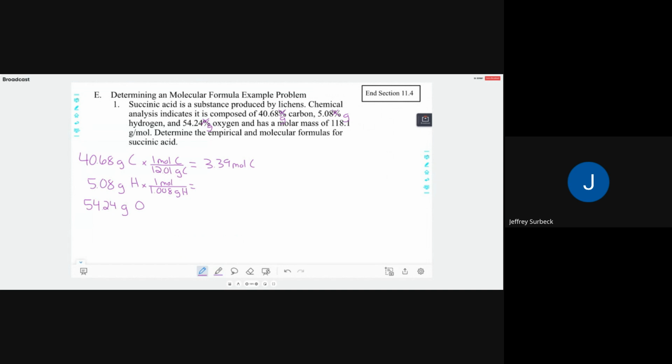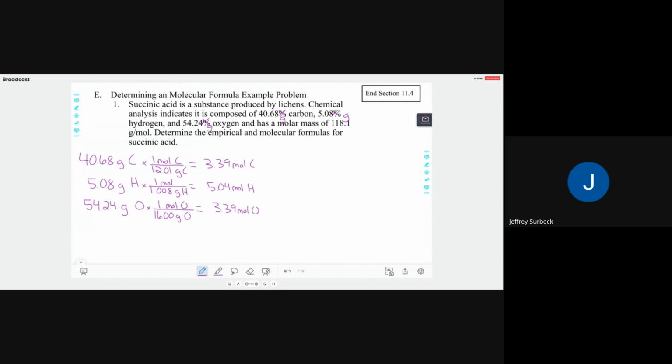So 5.08 divided by 1.008, and we get 5.04 moles H. Then we divide by 16 grams for the molar mass of oxygen. That is the exact molar mass for oxygen there. 54.24 divided by 16.00. And we get 3.39 moles of O for oxygen.